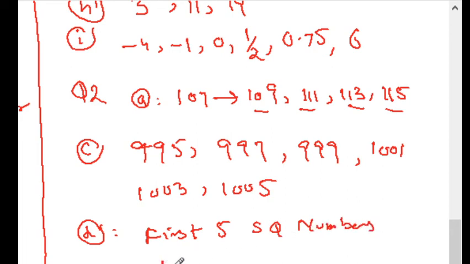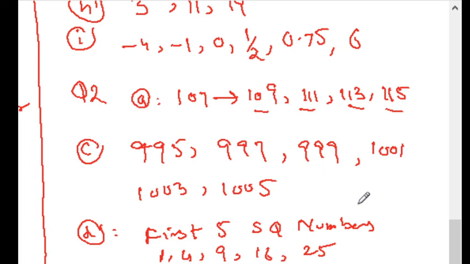They are 1. The first 5 square numbers are: first is 1, then 4, then 9, then 16, and then 25. So these are the first 5 square numbers.